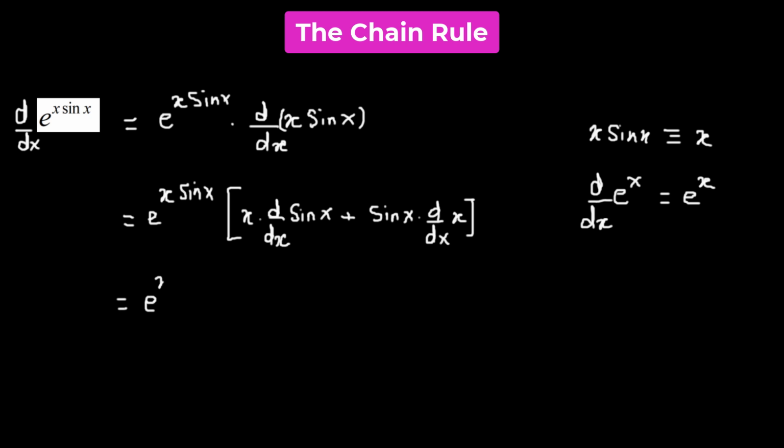So we get e raised to the power of x sine x multiplied by x times the derivative of the sine function, which is cosine of x, plus sine of x times the derivative of x with respect to x, which is 1. So this is the derivative of the given function e raised to the power of x sine x obtained by using the chain rule. Let's move on to the next question.